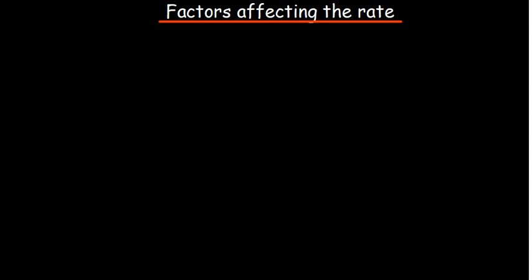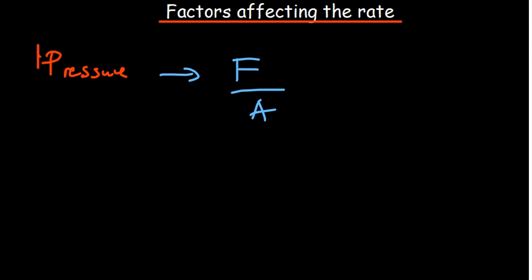Now, in terms of gases, pressure also does affect. I know pressure is like force over area. So this deals with gases. The relationship is that pressure is inversely proportional to volume.